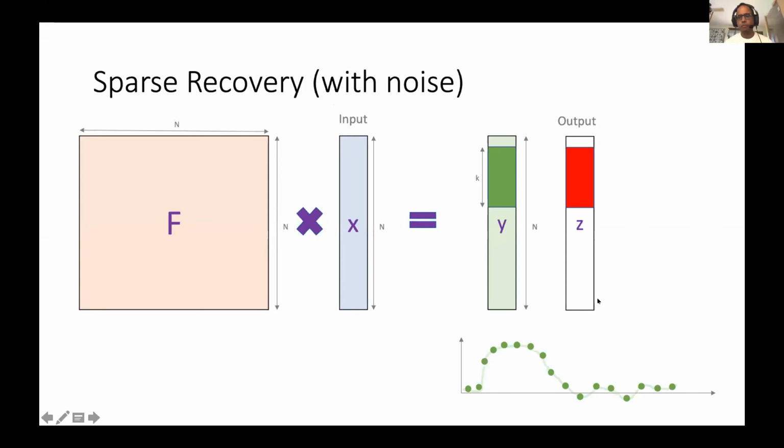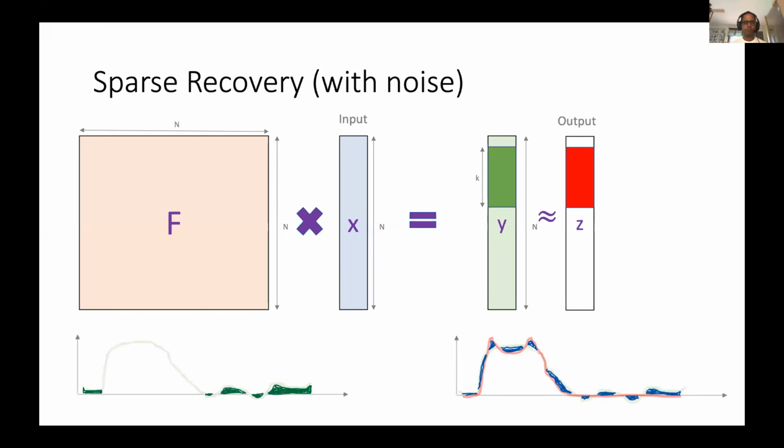And what you want to output is some sparse vector z, which is approximately close to y. And what do I mean by approximately close to? Again, Mark had talked about this, but let me just give you a pictorial description again. So you notice that z is 0 outside of this area. And so what you look at is the total area under the difference between them. And that should be close to this error or the noise in signal y.